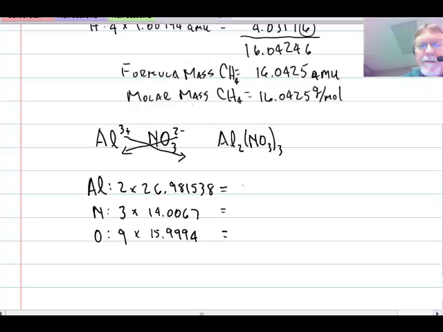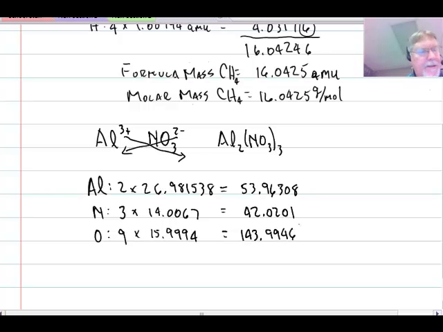So when we multiply those numbers out, again, remember to line up your decimal points. We get 26.98153 for aluminum, and I am applying sig figs here, so this is the correct number of significant figures. 3 times the 14.0067 gives us 42.0201, and 9 times 15.9994 is 143.9946.